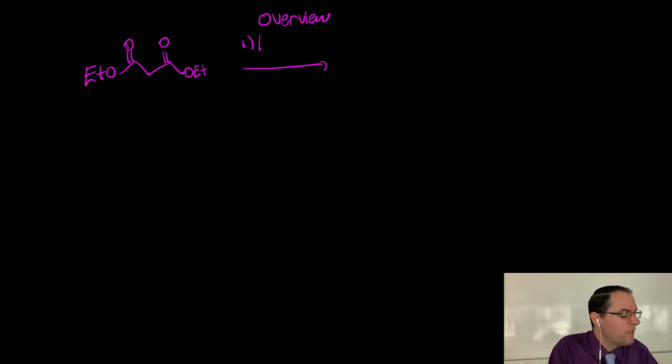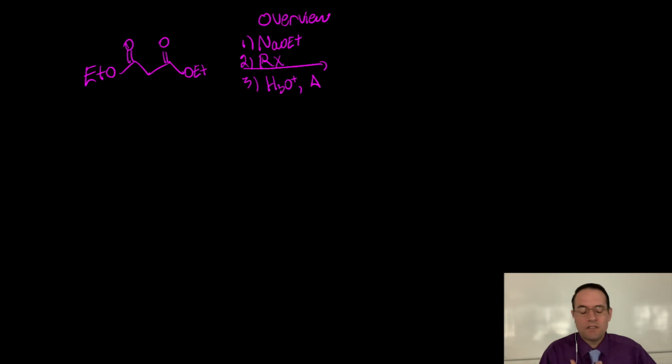Let's look at the overview, okay? So starting from diethyl malonate, we want to treat this with sodium ethoxide. We want to treat this with an alkyl halide. Okay. We want to treat this with a little bit of acid and heat. Okay. And let's conceptualize what's going on here. So here's the alpha hydrogen.